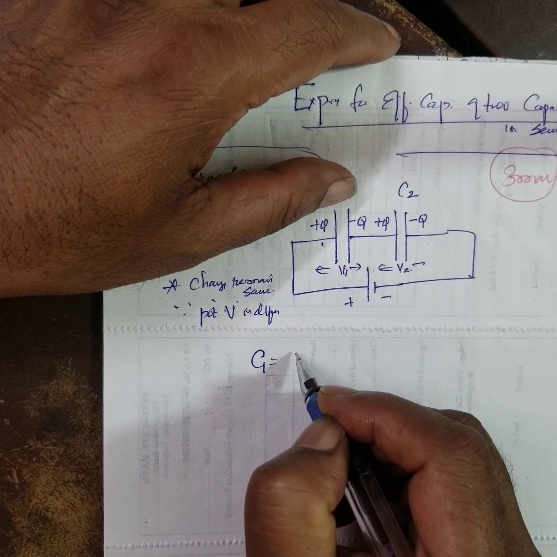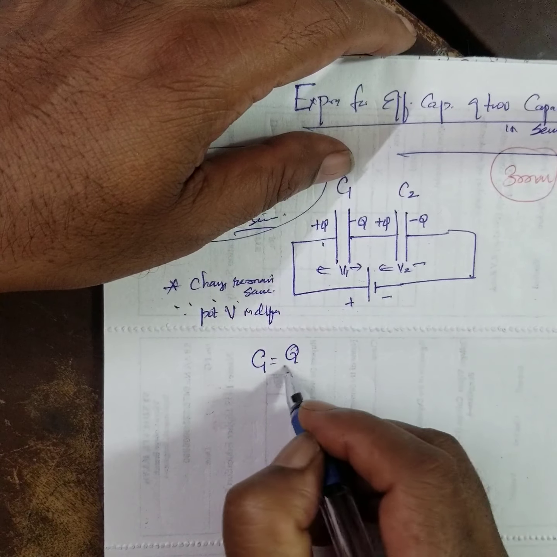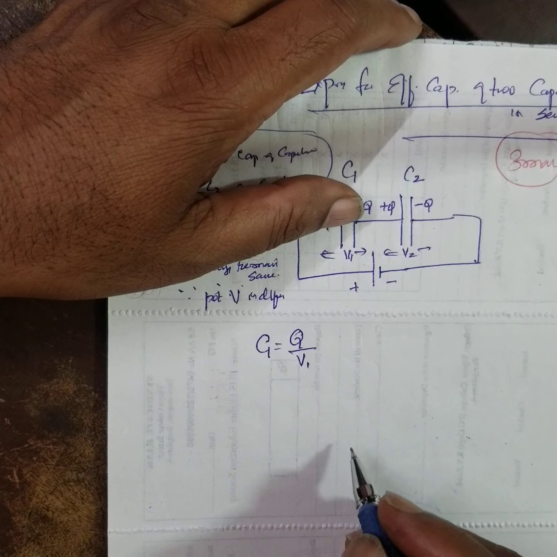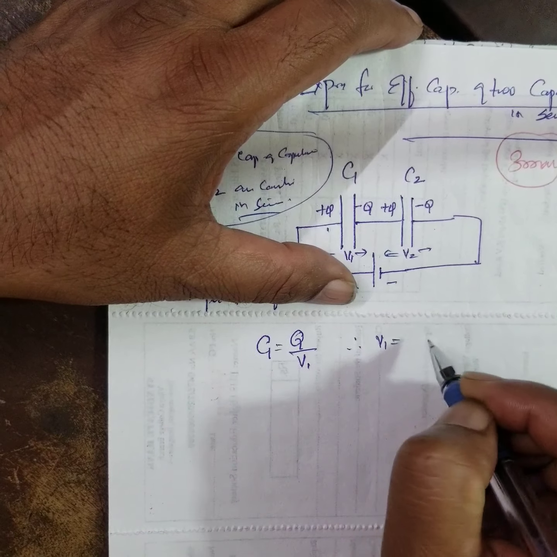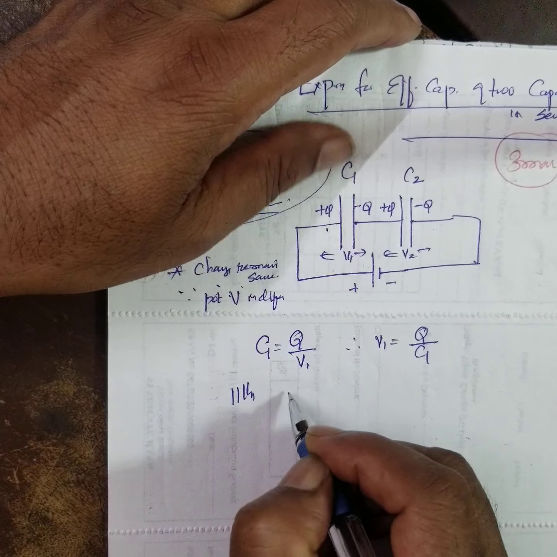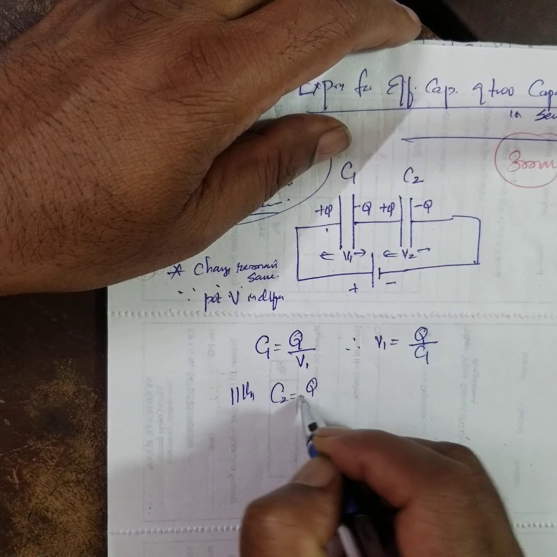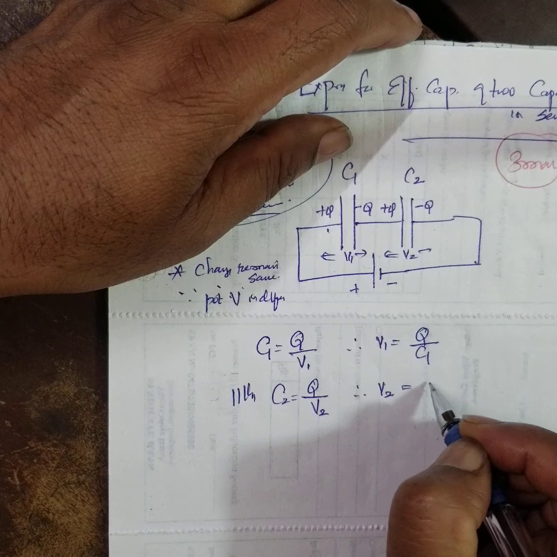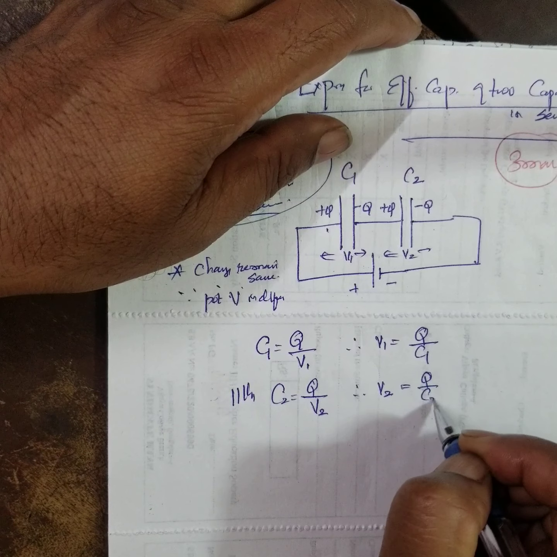C1 is equal to Q by V1. Therefore, V1 is equal to Q by C1. Similarly, C2 is equal to Q by V2. Therefore, V2 is equal to Q by C2.